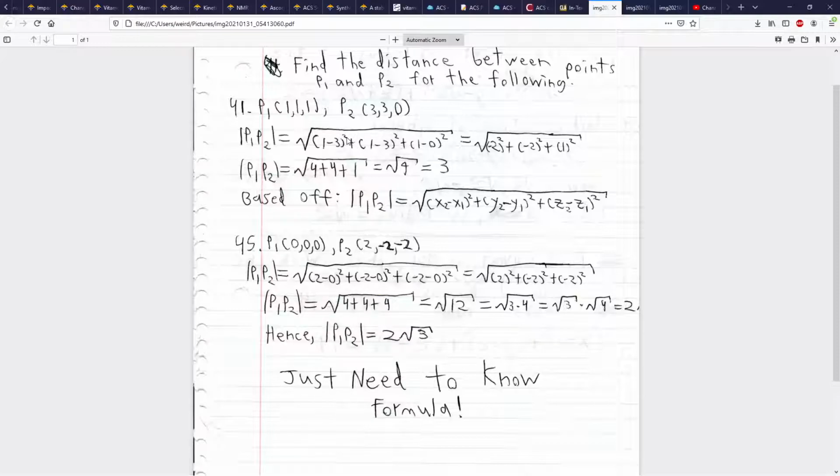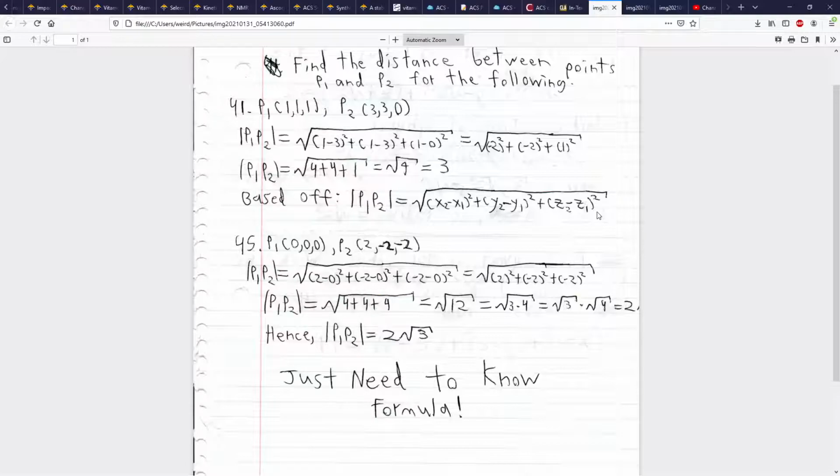The actual number won't change because of the square of the difference. In this case, I did negative: negative 2 squared plus negative 2 squared plus 1 squared. But if it was 2 squared plus 2 squared plus negative 1 squared, it'd be the same result. You get 3. So it's based off this formula here in 3 dimensions.